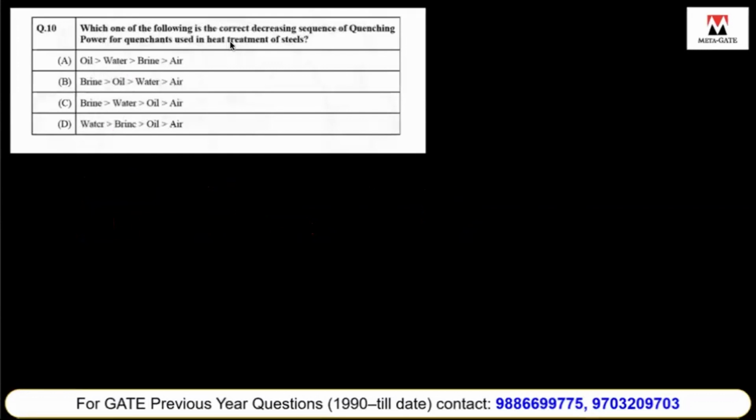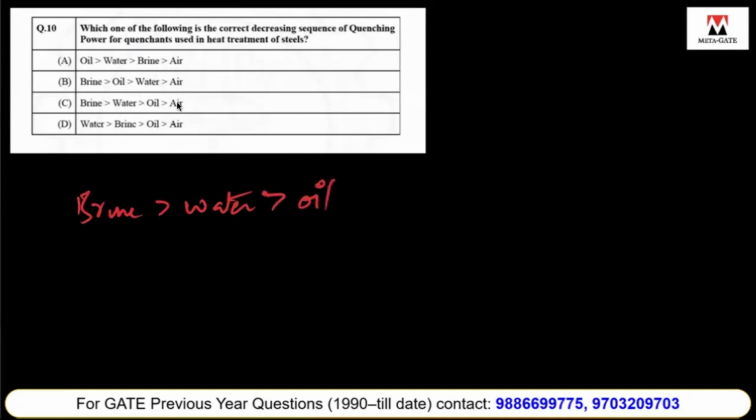Which one of the following is the decreasing sequence of quenching power? If you see the quenching power, generally brine is greater than water. In any case, brine is greater than water. Water has more quenching power than oil.